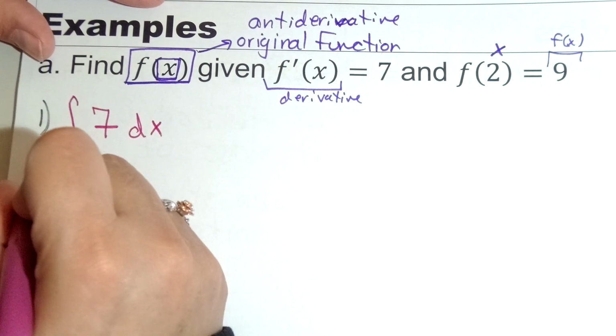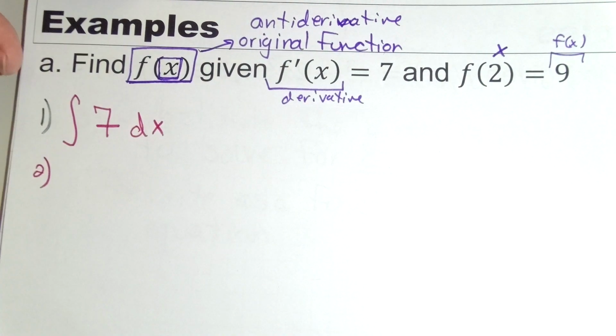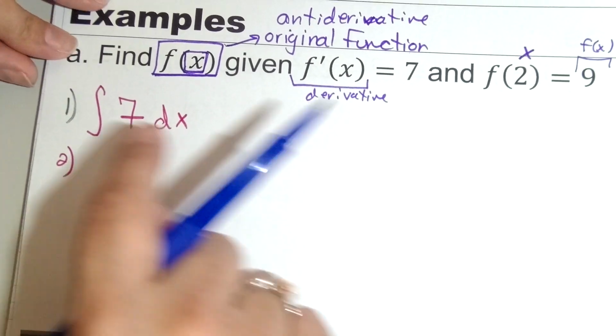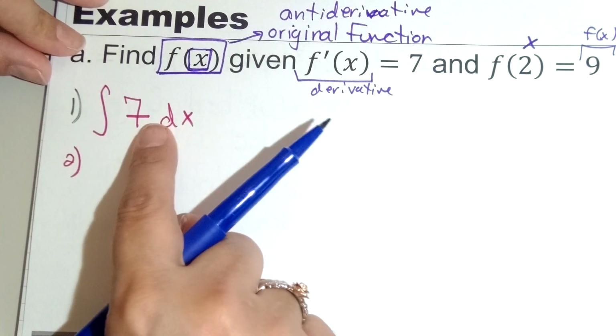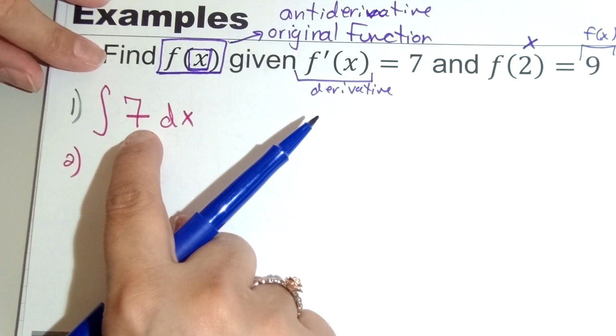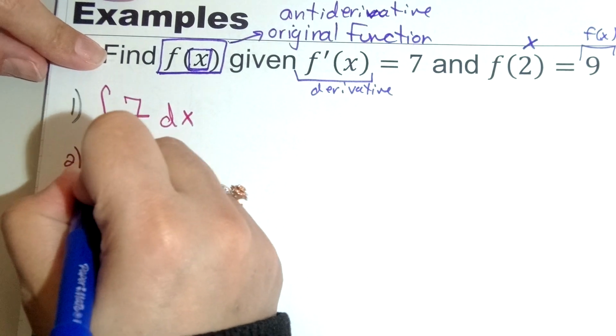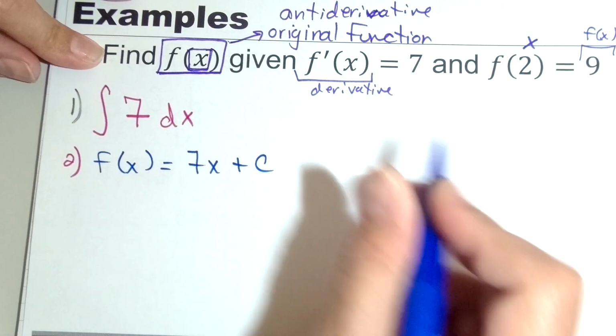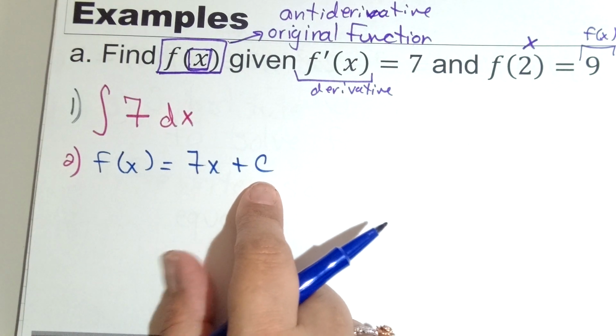Step 2 now says that we are going to use the correct rule or rules to find the antiderivative. This is the constant rule because the number 7 does not have a variable, so I'm just going to use the constant rule. So I have f of x is equal to 7x plus c. And this is why I said, don't forget the plus c.